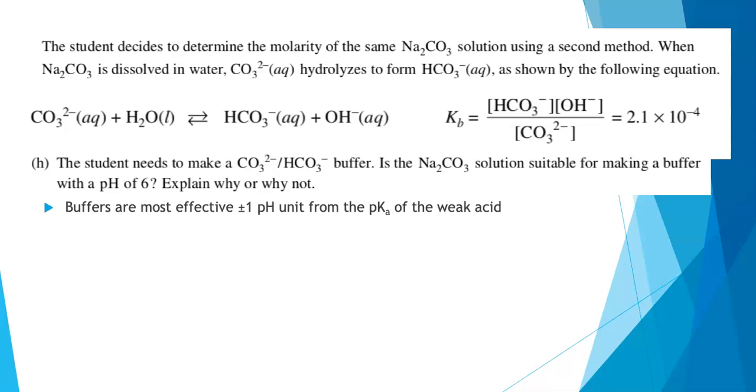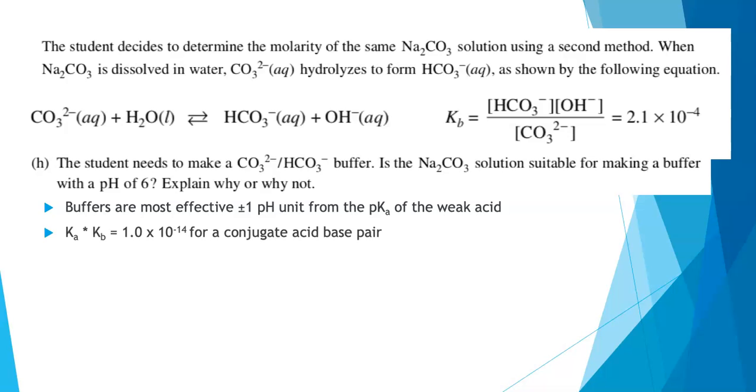When making a buffer, they're most effective within 1 pH unit of the pKa of the weak acid. Now what we have here is a Kb for the weak base carbonate, so we're going to have to do a little math. Let's get a pKa value for hydrogen carbonate, which would be our weak acid here.